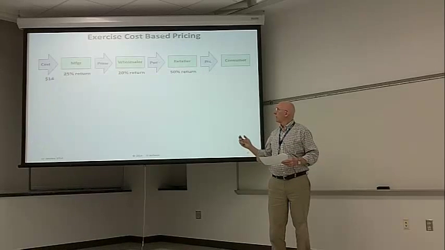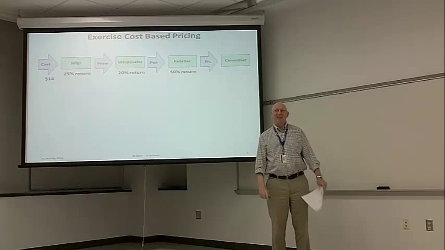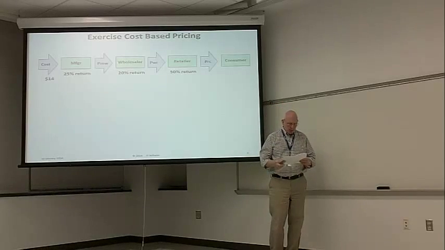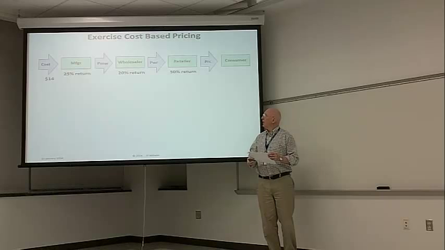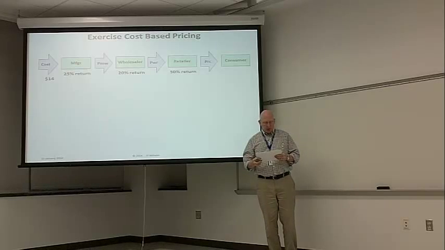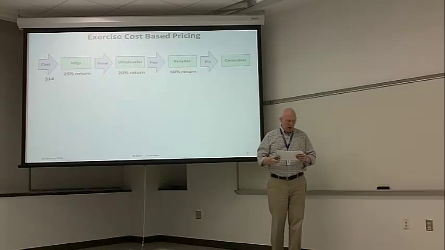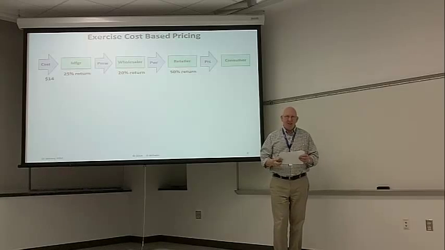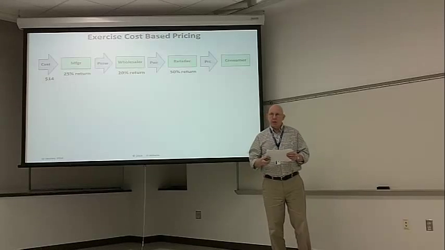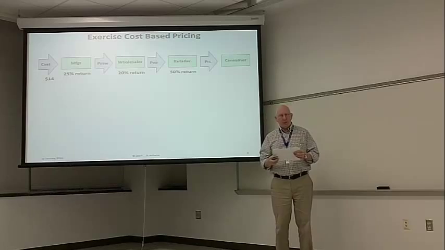Here is an exercise for you. This one is cost-based pricing escalation, where the cost is $14. The manufacturer would like a 25% return, the wholesaler a 20% return, and the retailer would like a 50% return.